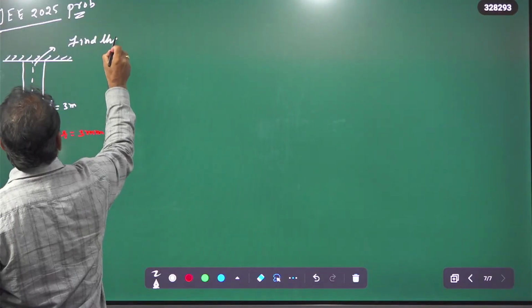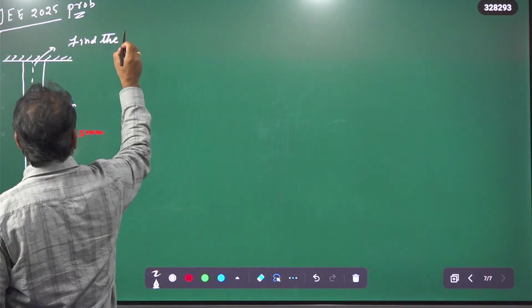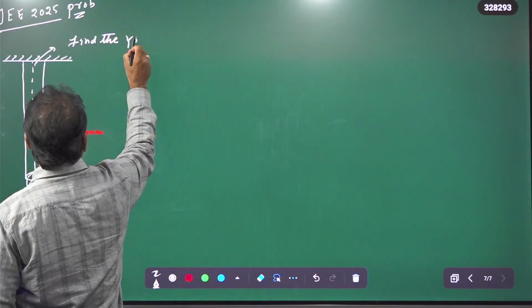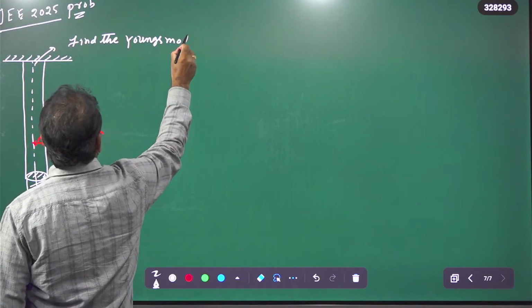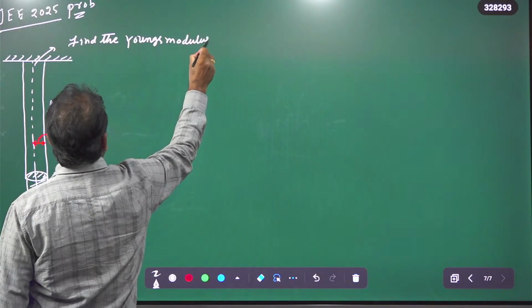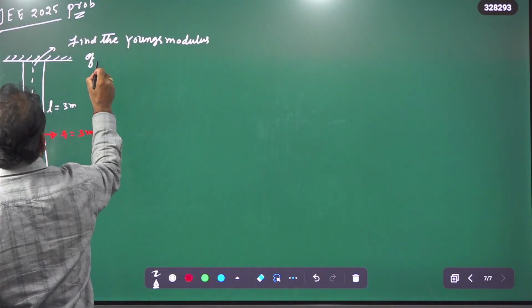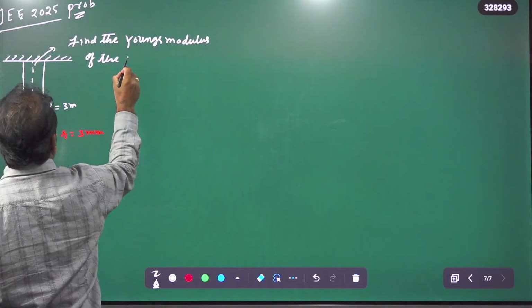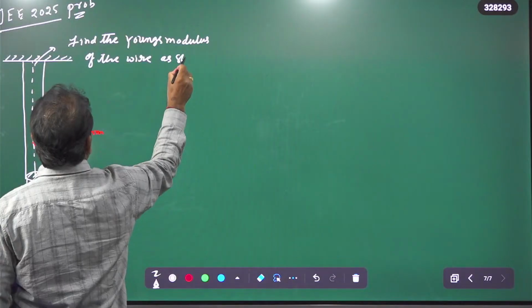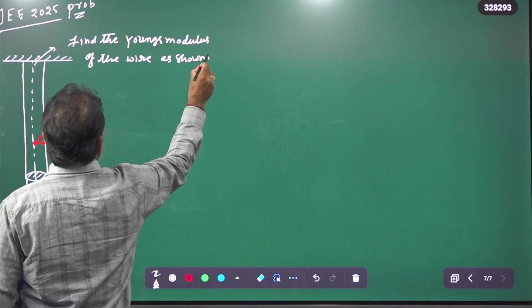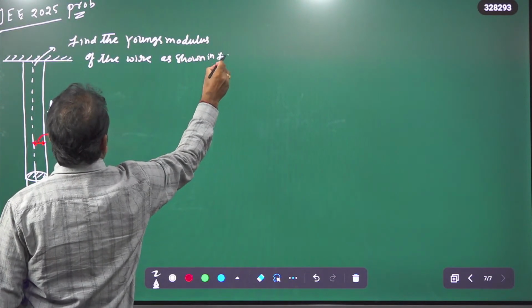Young's modulus of the wire, as shown in the figure.